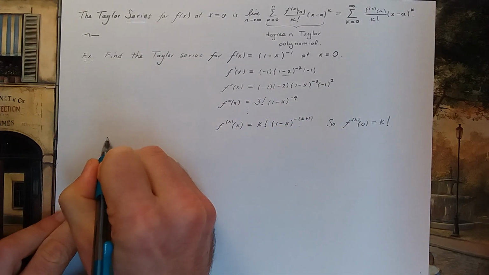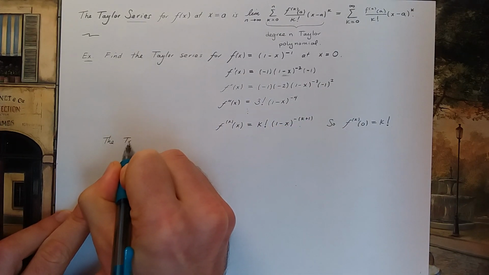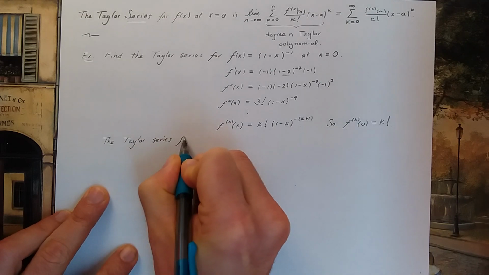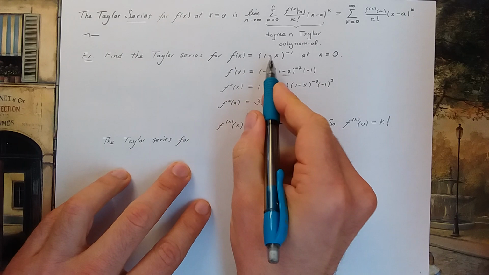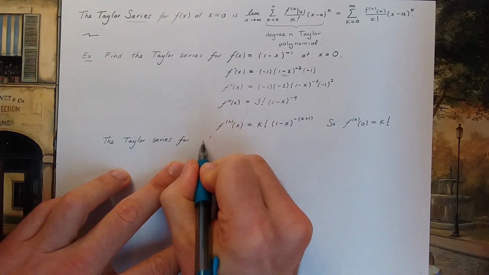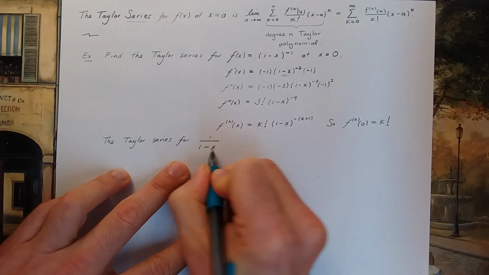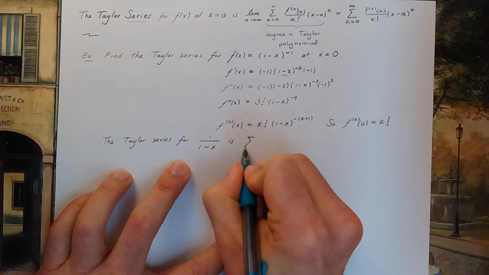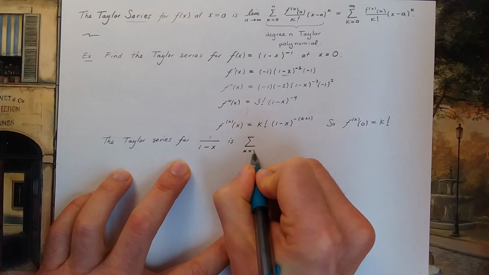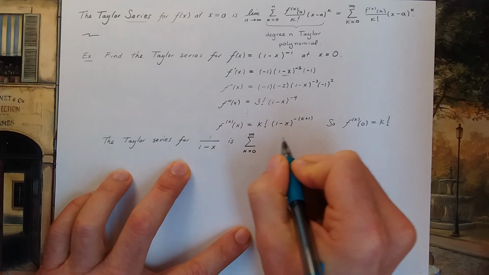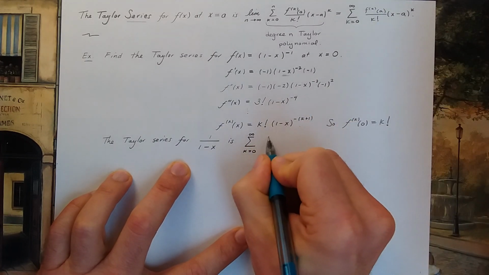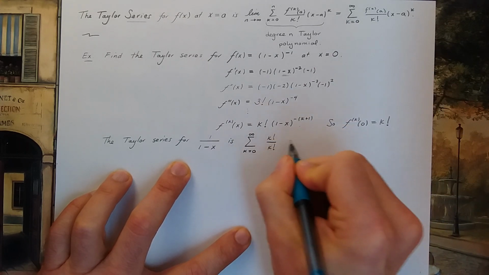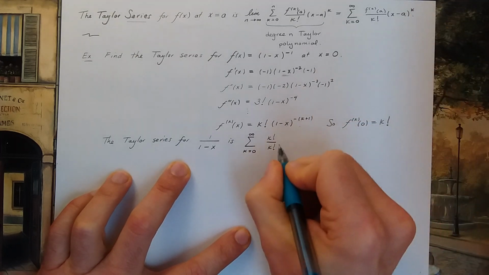So the Taylor series for this function, which you could write as 1 over 1 minus x, is the sum, k going from 0 to infinity, of k factorial divided by an extra k factorial, times x minus 0 to the k.